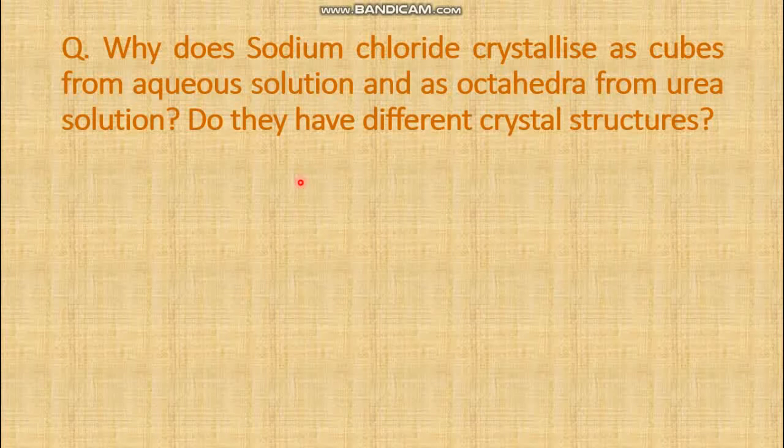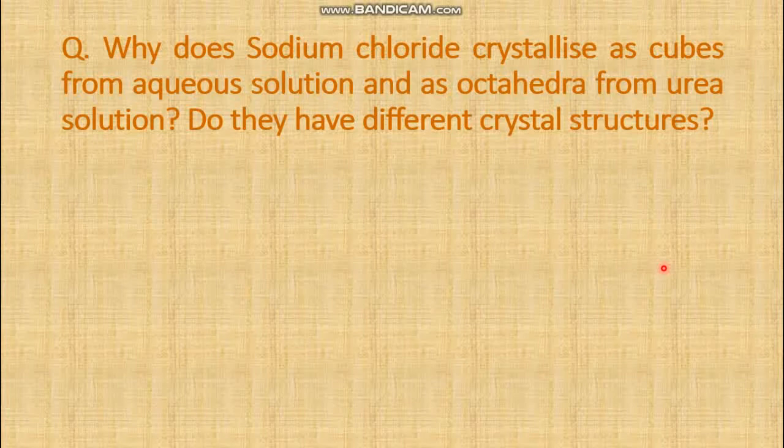Do they have different crystal structures? The answer is no. They have the same crystal structures, but their rates of deposition of the atoms are different due to being present in different solutions or media.